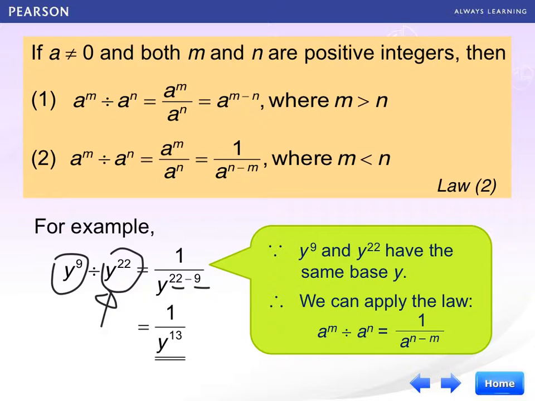In this case, you still use the larger index minus the smaller index, 22 minus 9, but because the denominator is larger, it is 1 over y to power 22 minus 9. As a result, it is 1 over y to power 13. So if the denominator is larger, you still use larger index minus smaller index, but it becomes 1 over a to power that index.